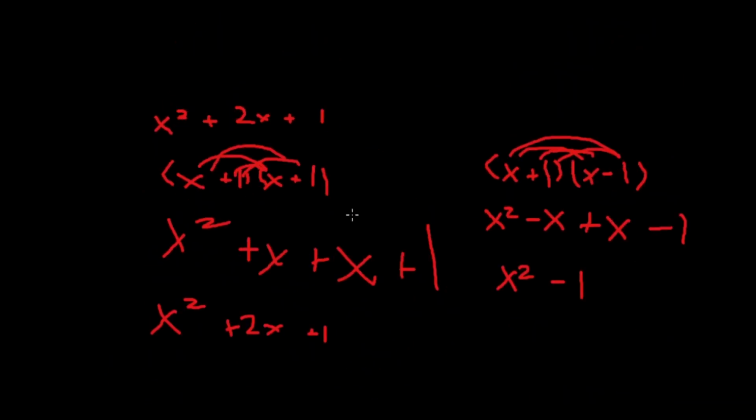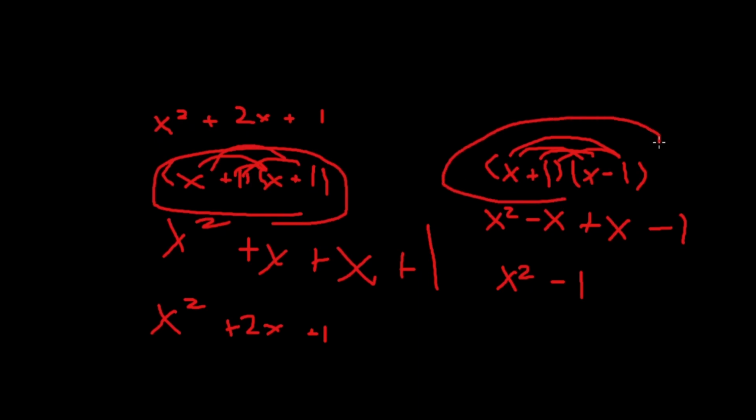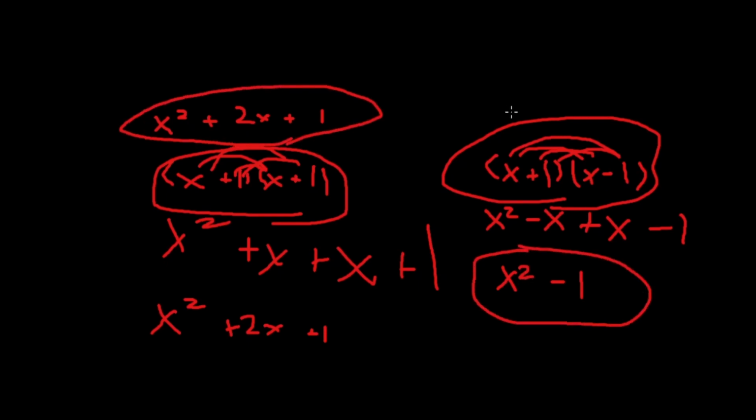For a second, forget what I said about the x plus 2, x minus 2. What happens when you do x plus 1 times x plus 1 versus x plus 1, x minus 1? This was our answer from that, and this was our answer from that. There are two differences. One, for this one, b is gone. Why is that? Let's think about that logically.